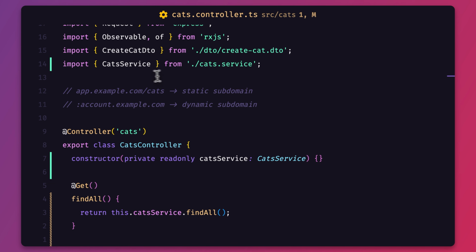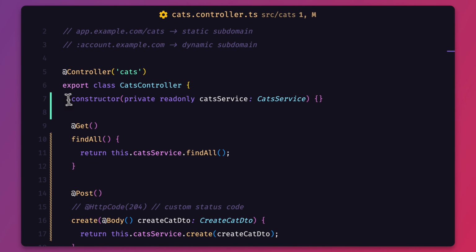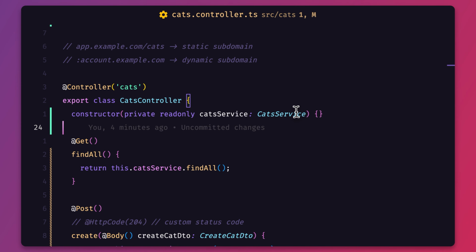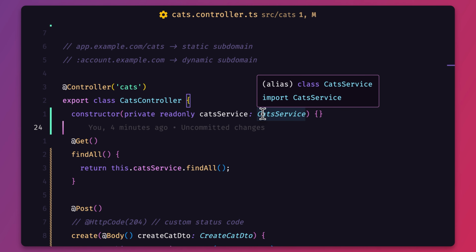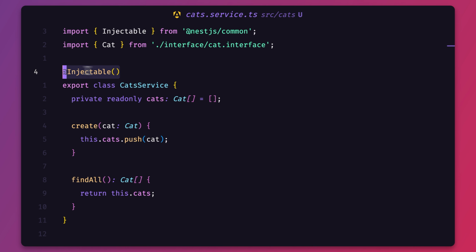Okay, so let's recap what we did. We actually created a cat service, and in the cat service we have the complex logic: creating the cat, finding all the cats. Probably we would create in a database, we would fetch all the information from the database. So all these complex logics would sit right here. And on the controller we are injecting that in the constructor, you can see. The reason we have the option to do this is because of this decorator.